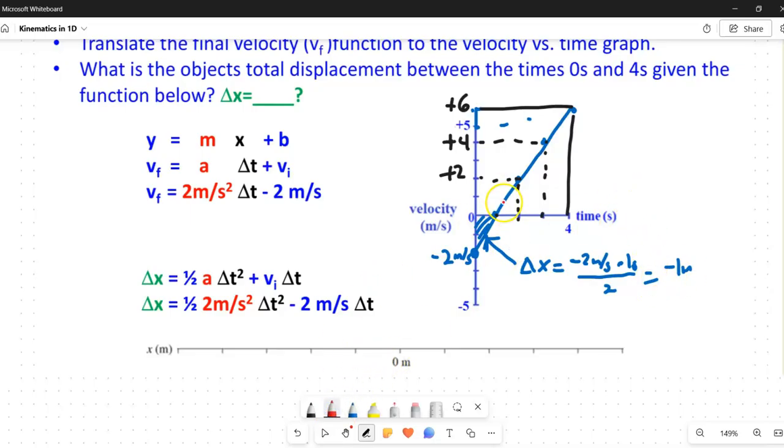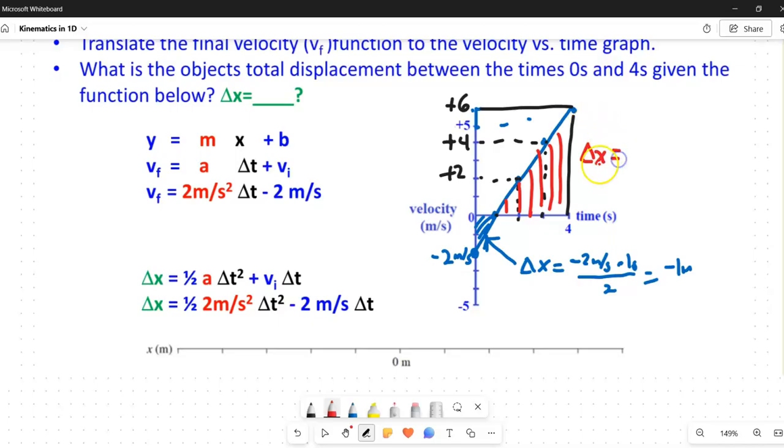This other area, relative to the 0 mark, is the displacement above the line. Okay? Which, again, this is going to be a triangle, so it's 3 over and 6 high.